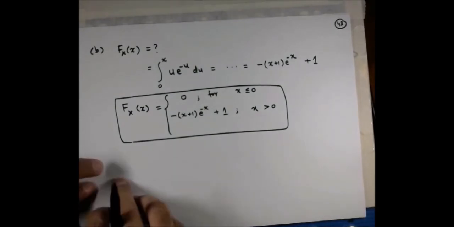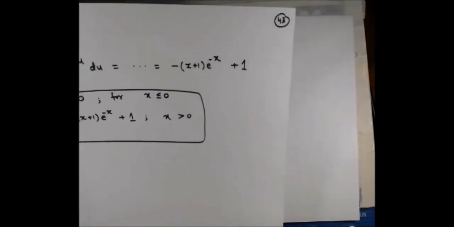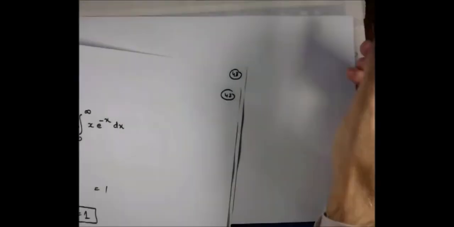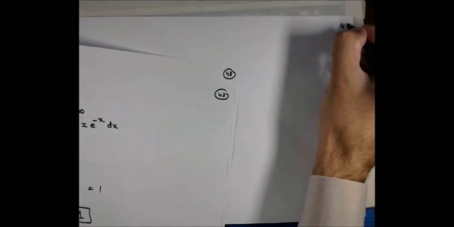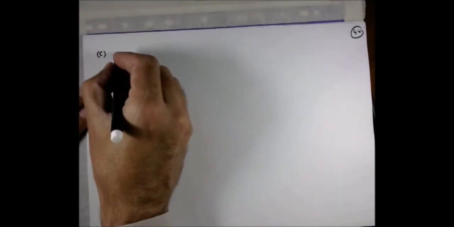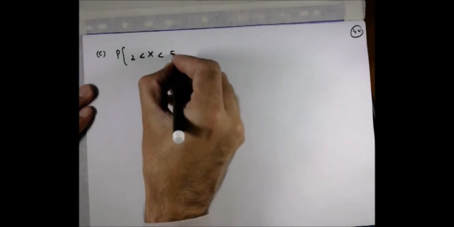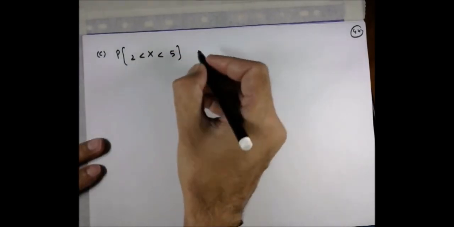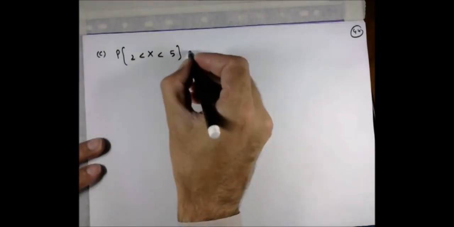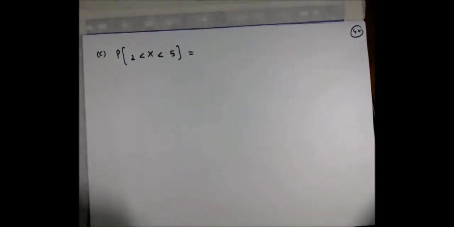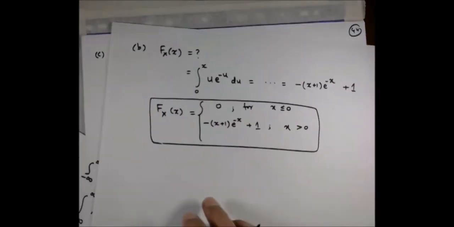So for part C, I need to find the probability that x is greater than 2 and less than 5. I can easily find this probability by using the PDF expressions, as I recommended.